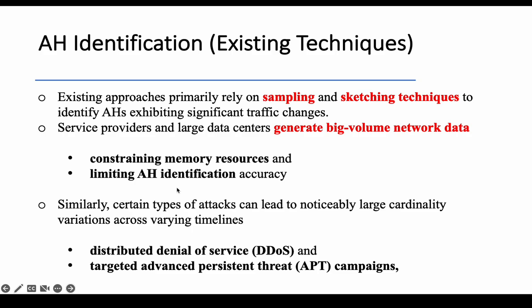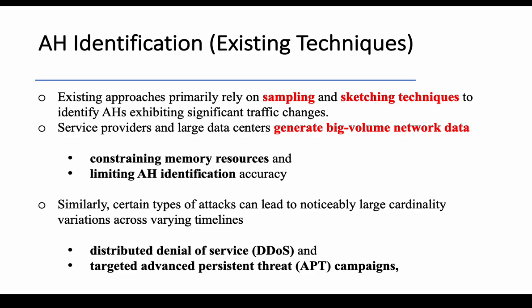The existing approaches primarily rely on sampling and sketching techniques to identify anomalous hosts that exhibit significantly large changes in network traffic. Now, service providers and large data centers generate big volume network data, thereby constraining your memory resources and limiting identification accuracy.